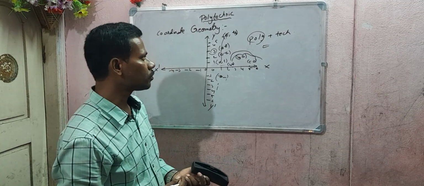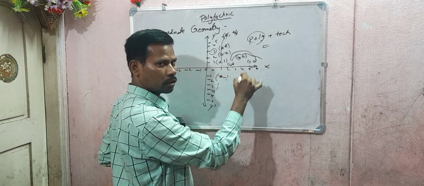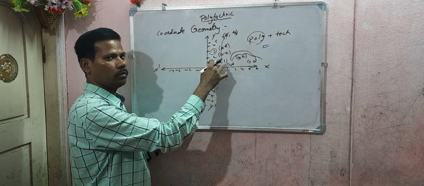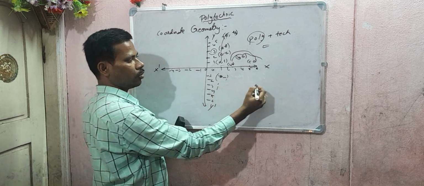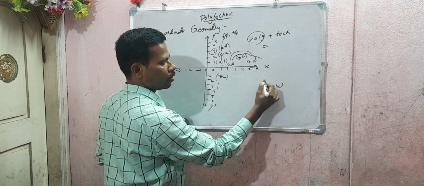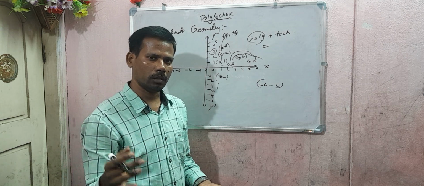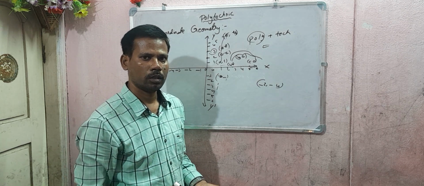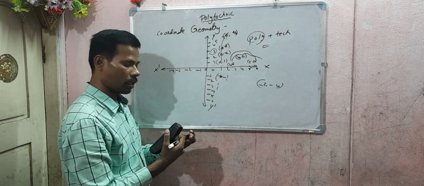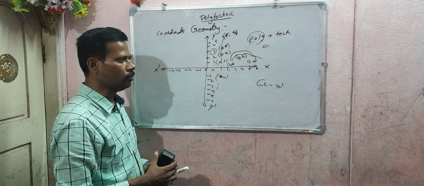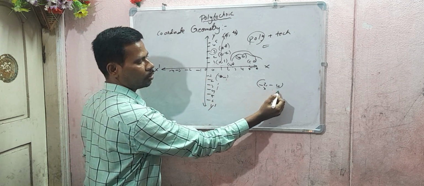Next, another thing: locating points on the graph sheet. Suppose I want to locate the point (-2, -4). I am revising the basics once again so that you will not get confused and can do it faster. -2 is here, this is the x coordinate, and this is the y coordinate.